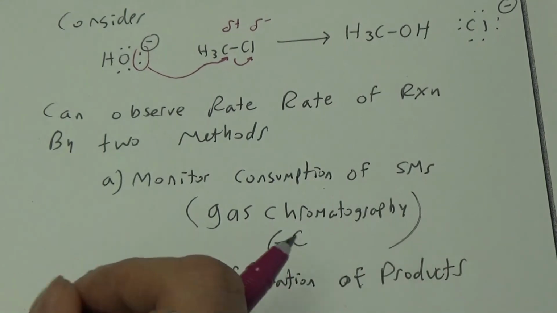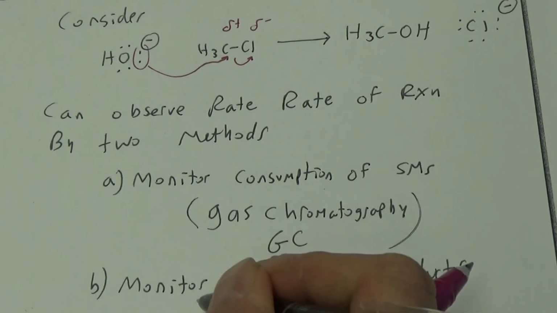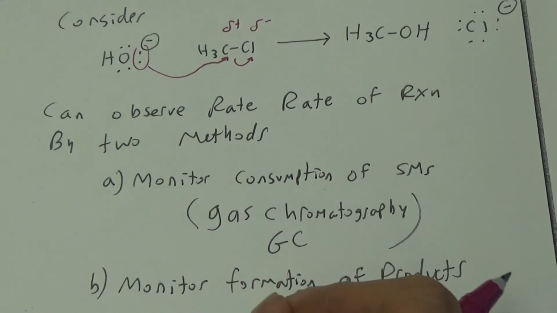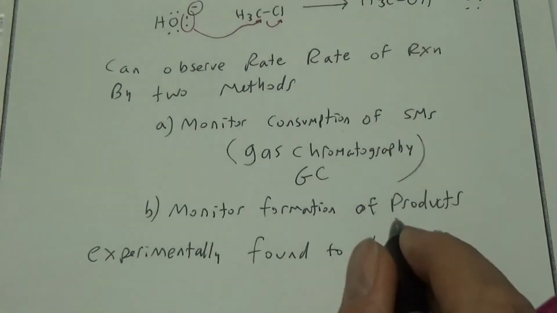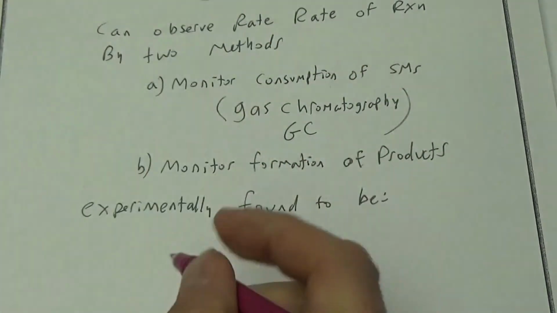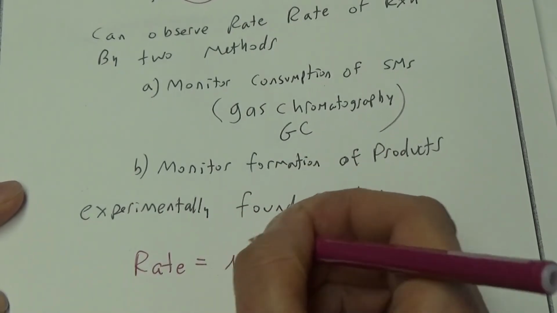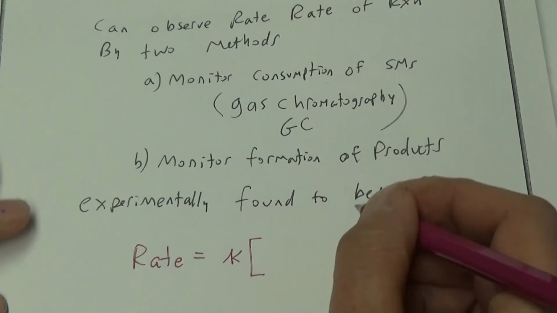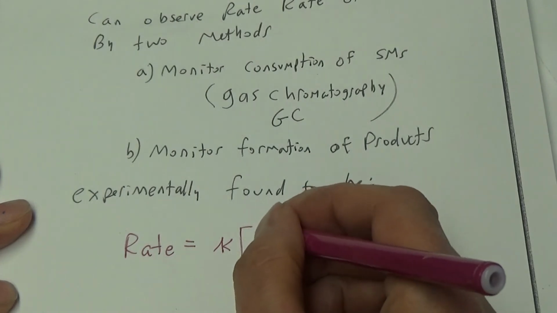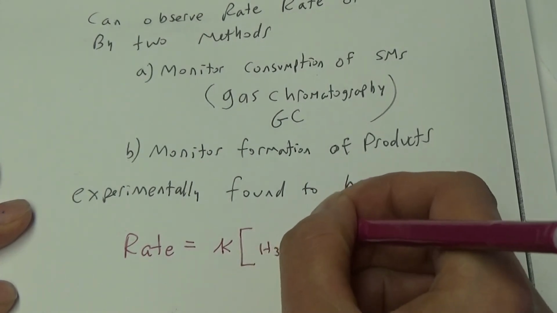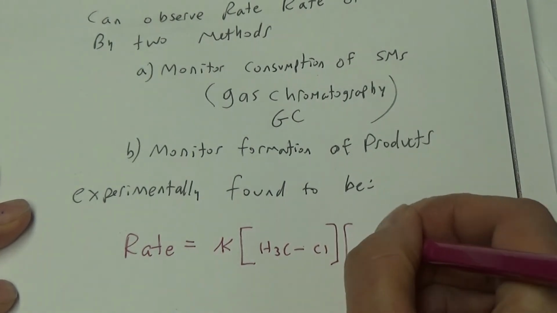Experimentally we do this, and it's a pretty straightforward procedure. Experimentally it's found that the rate is equal to k, which is a constant, times the concentration of substrate times the concentration of nucleophile.